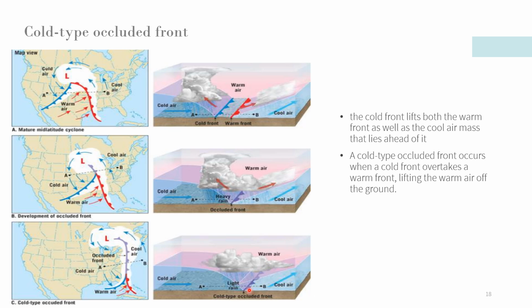So the areas shown in white here in the map indicate the regions where clouds and precipitation are most likely to occur because of this cold type occluded front.